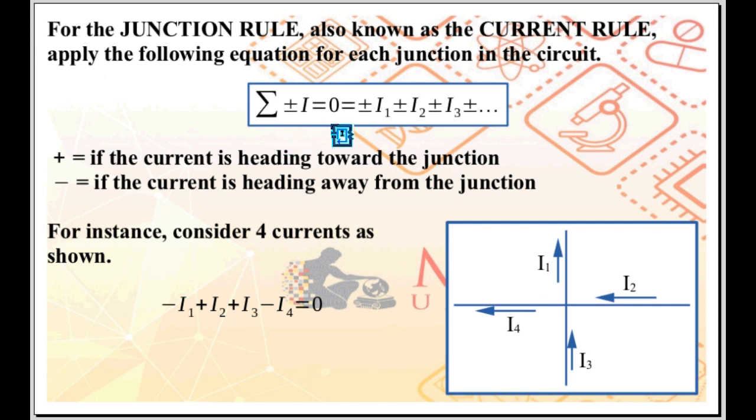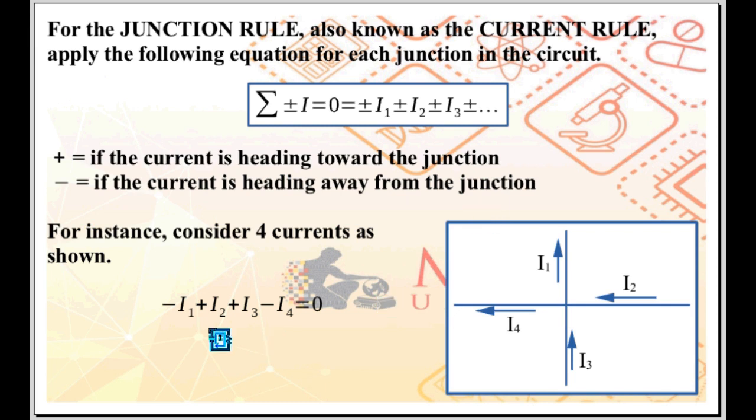Applying the junction rule and the plus-minus sign convention, we get minus I1 plus I2 plus I3 minus I4 is equal to 0. Minus I1 because I1 is leaving the junction, heading away from the junction. The same goes for minus I4, since I4 is leaving the junction.